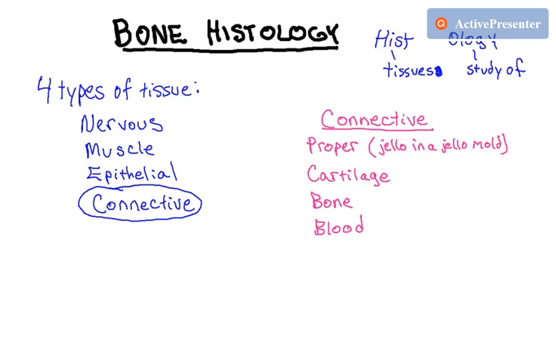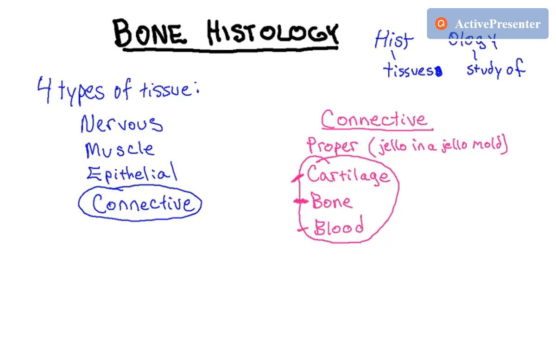And out of these 4 types of connective tissues, we are going to be zeroing in on all 3 of these for our bones, because not only is our skeleton made of just bone connective tissue, but it also has cartilage in it, and cartilage plays a big part in the formation of bone.